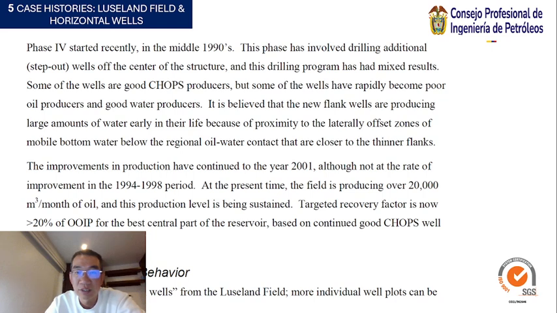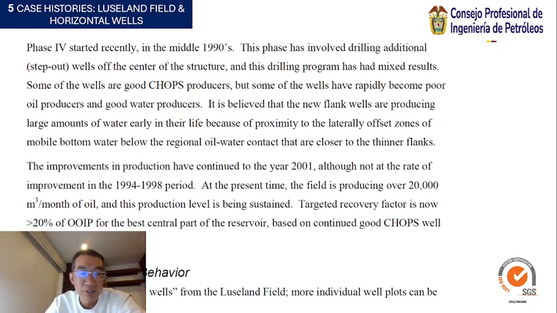At the present time, the field is producing over 20,000 barrels per month of oil, and this production level is being sustained. Targeted recovery factor is now about 20% of OOIP for the best central part of the reservoir, based on continued good CHOPS well performance.